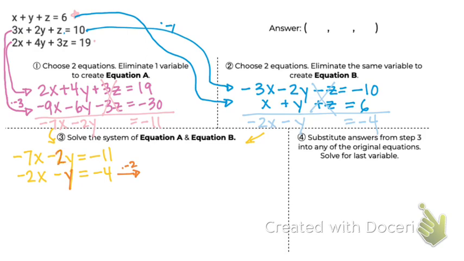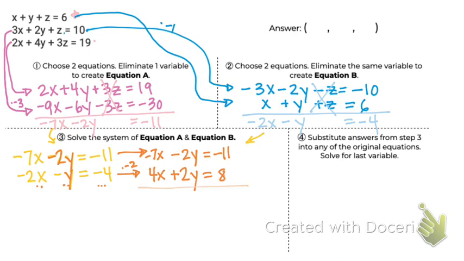Then, if I add it with this negative 2y, the y's will be eliminated. So let's go through and multiply each of these terms by negative 2. And this is the time when people make a mistake. See, I almost wrote negative 8, but it's positive 8, negative 4 times negative 2. Go through and check your work and make sure you multiplied each term by negative 2. And then this one, I'm just going to leave as it is.